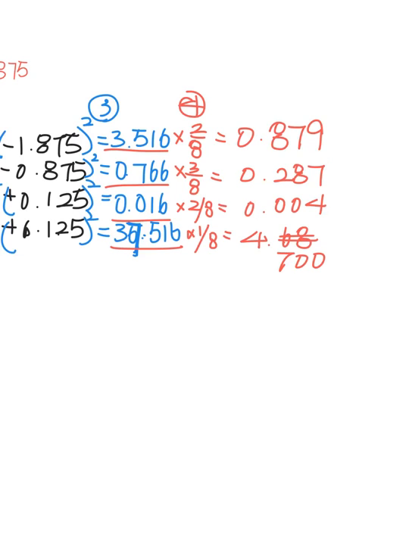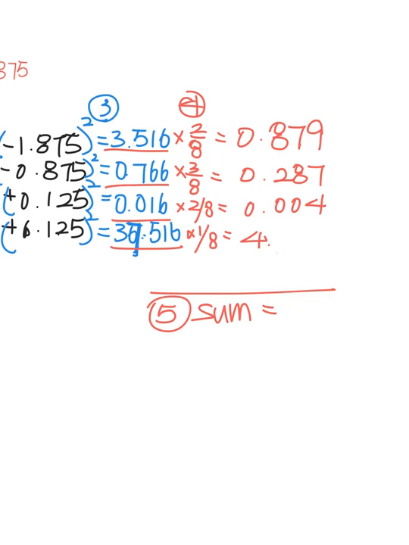Now what? Step 5. Take the sum. How much will it be? The last one says 4.7, but it has more decimals. It must be 4.689.